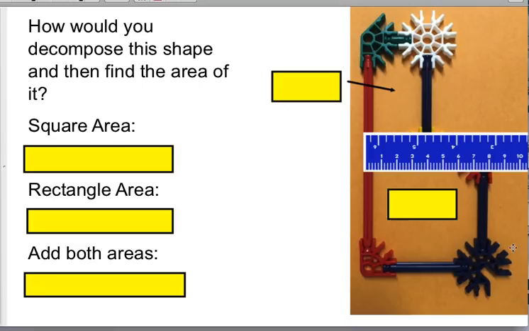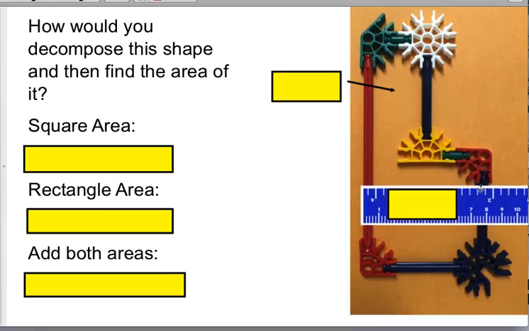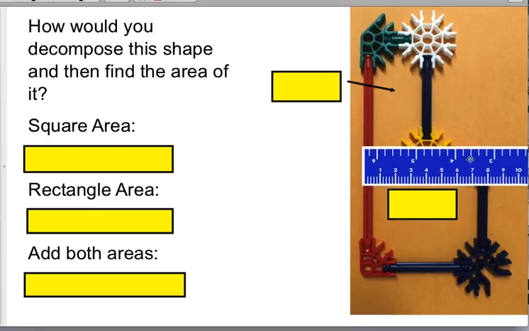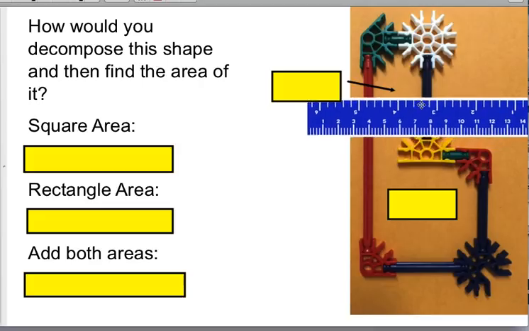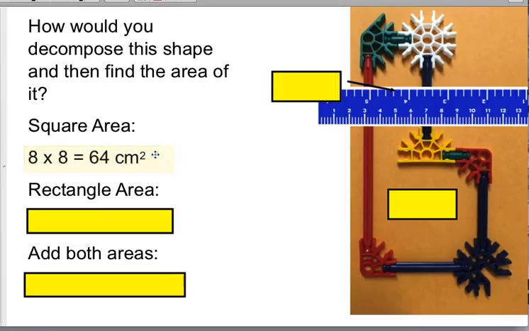This isn't a nice corner to measure, so I can just measure from red rod to blue rod, and I have approximately 8 centimeters. Because it's a square, it'll be 8 by 8, a length of 8 and a width of 8. So my area for the square is 8 times 8, or 64 square centimeters.